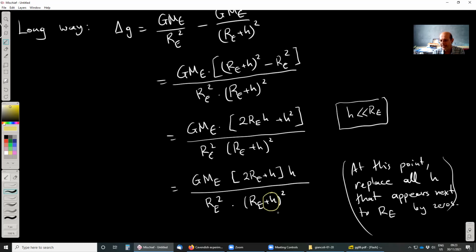So as a result, at this point, you can replace this h to be equal to 0. In here too, it's 2R_E plus h. I can also replace this one to be equal to 0. We're just ignoring them actually, because they are not going to change the calculation in any significant way. Okay, but I don't ignore this, because if I replace this thing with 0, then everything else will be 0.